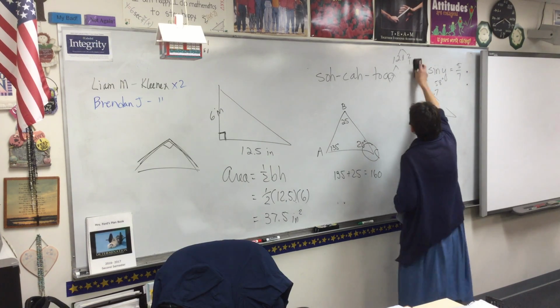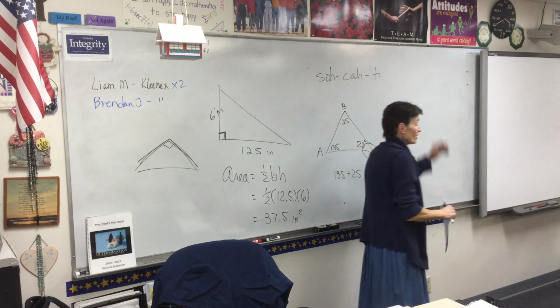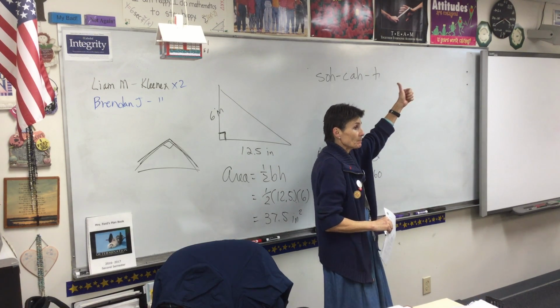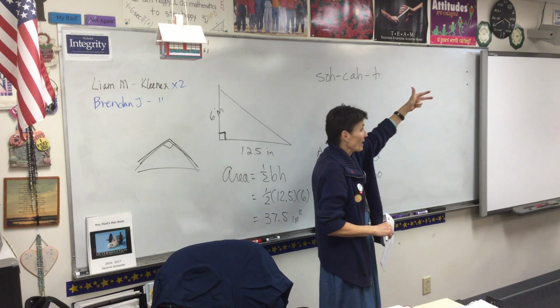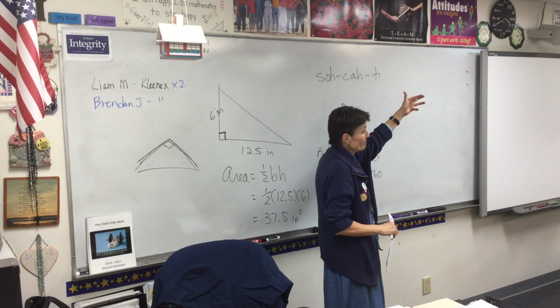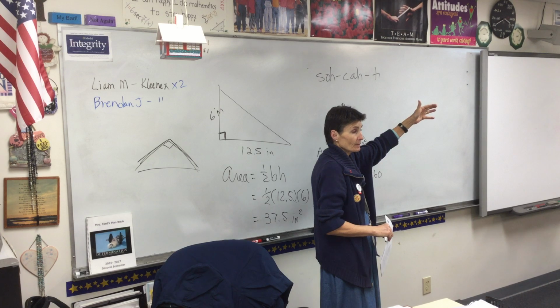So I'm erasing some of these key ideas. The key ideas are angles of a triangle add up to 180, SOHCAHTOA, Pythagorean Theorem, and area of a triangle is 1/2 base times height, right?